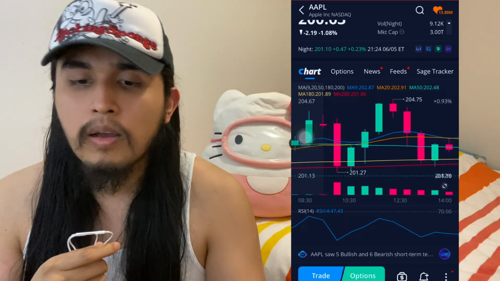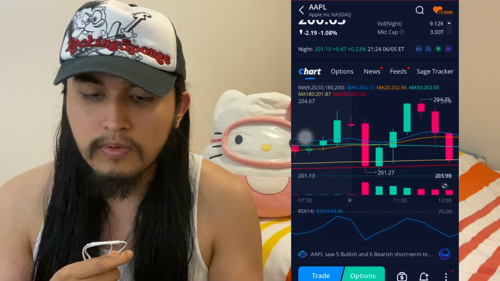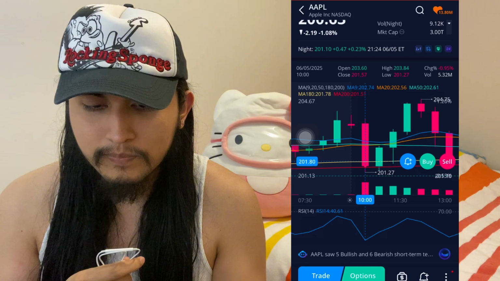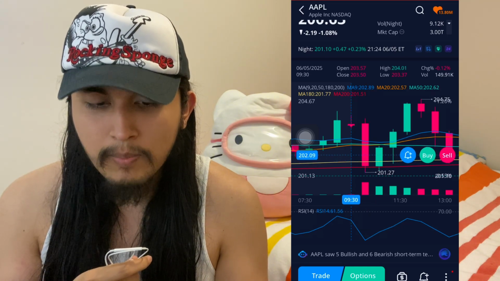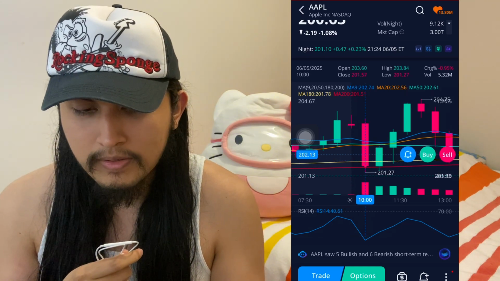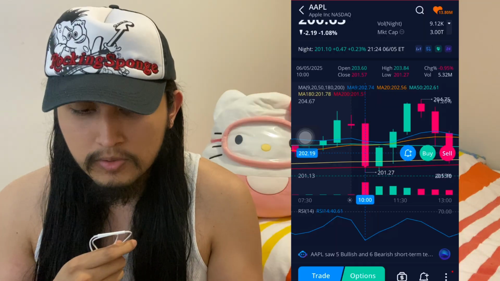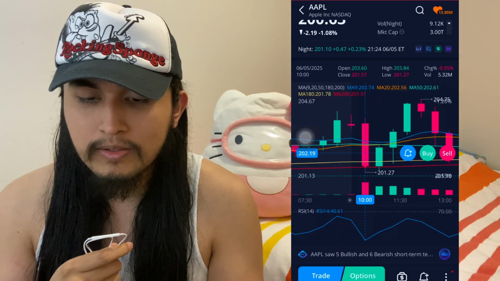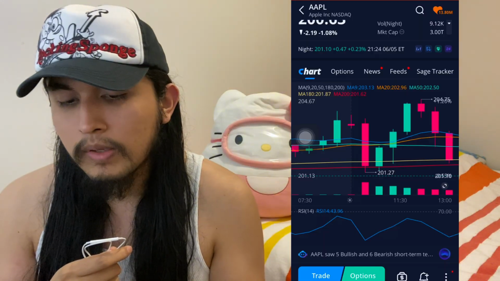So for example, let's say you bought an Apple call option as soon as it landed on the 20-day moving average right here on the 10 candle, and then all of a sudden Apple breaks that 20-day moving average. Okay, what's the next step?